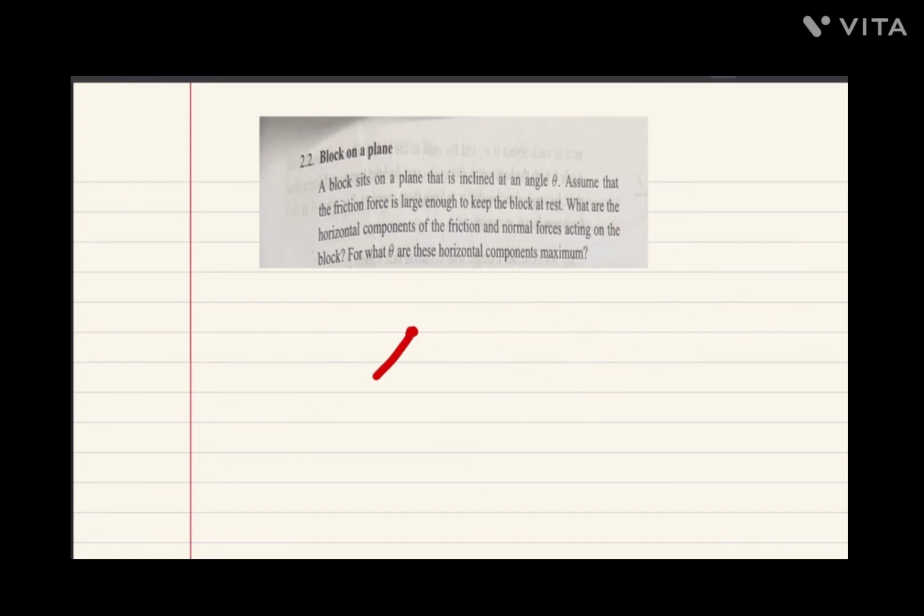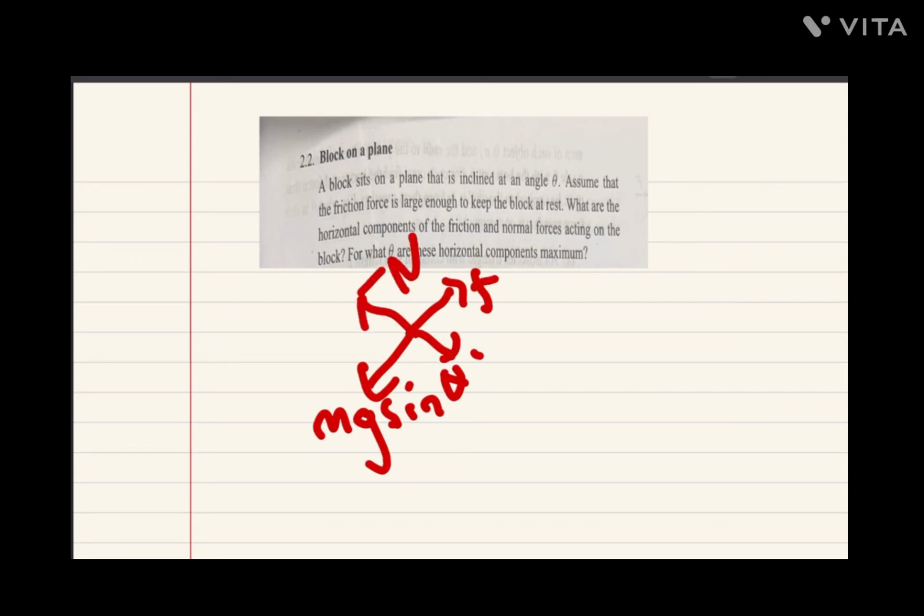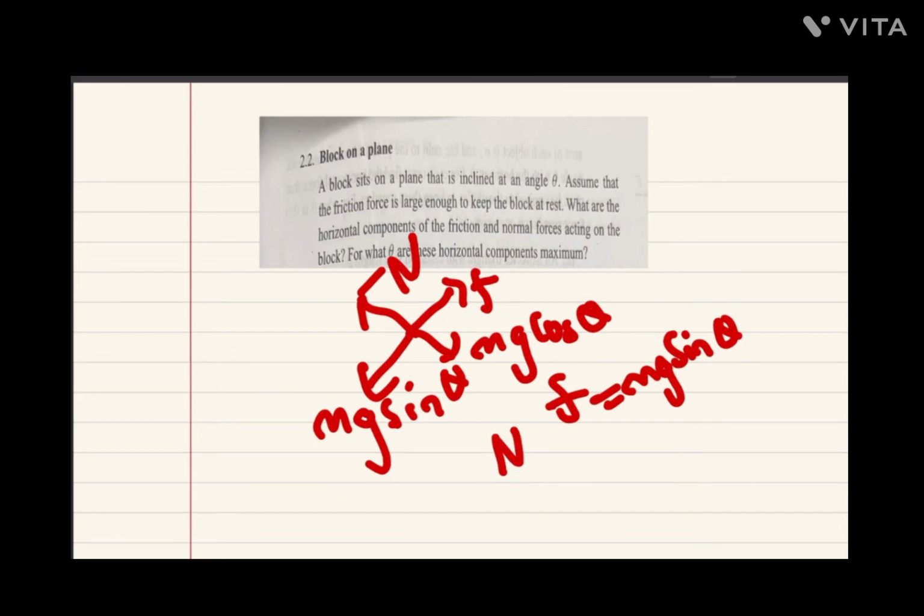So the forces acting on the body of mass m, as I have shown, are mg sin theta downwards, frictional force, normal force, and mg cos theta. Since the block is at rest and friction force is large enough, friction force here is mg sin theta, since friction is an adjusting force according to the external force. And normal force is equal to mg cos theta.